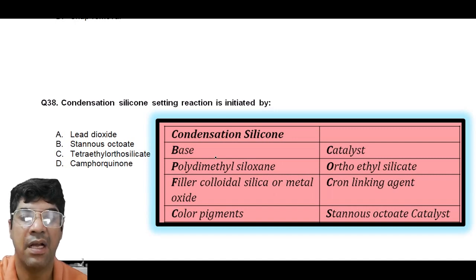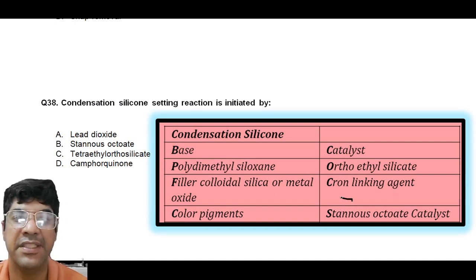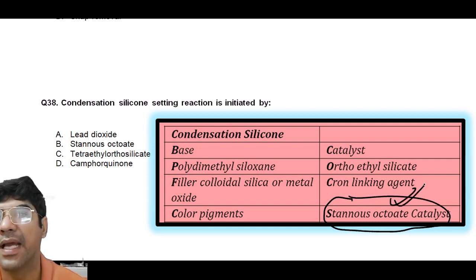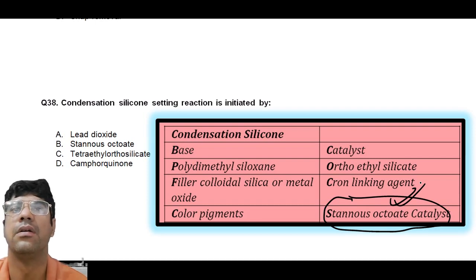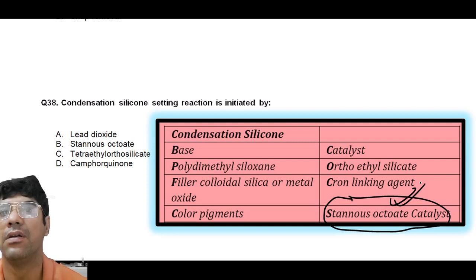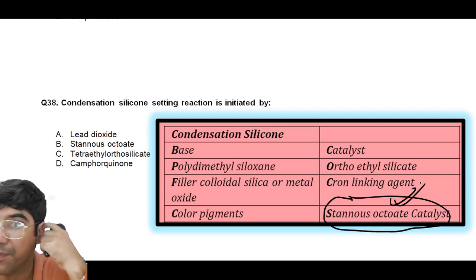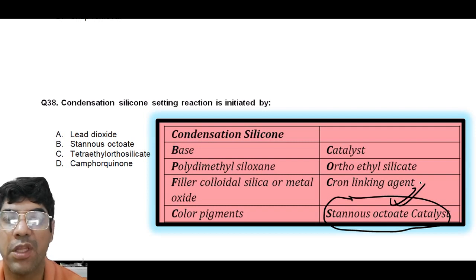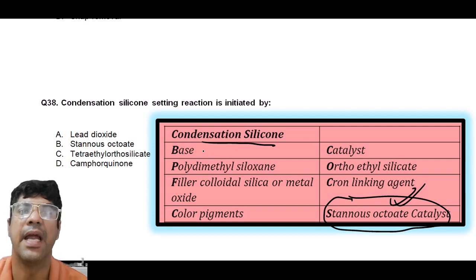The C-silicone reaction is initiated by stannous octoate that acts as a catalyst. So it will promote the cross-linking of polymer chains and lead to setting and curing.